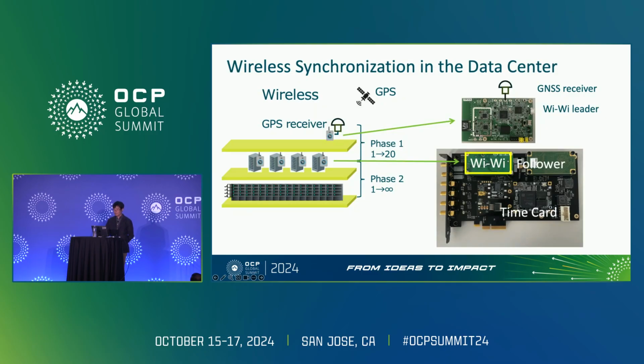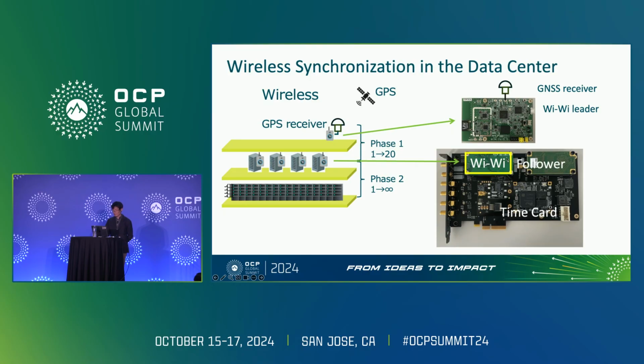We implemented this in the time card. The time card can take two GNSS daughter boards, and the idea is we can replace one of the GNSS receiver ports with the YY.